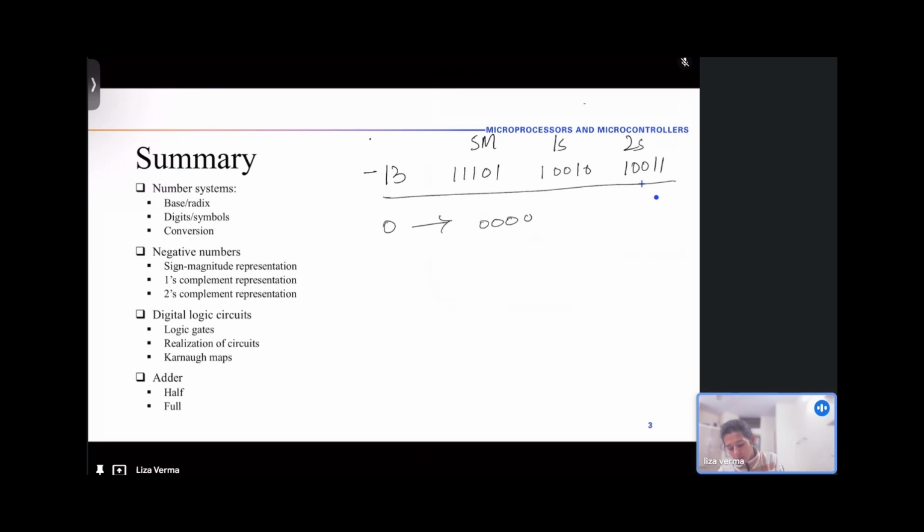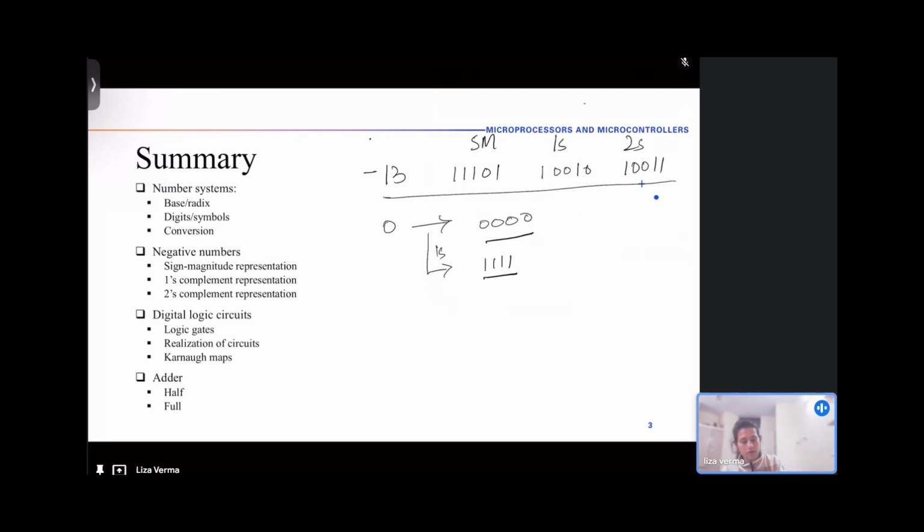In 1's complement, that will be 1111, which means 0 will be represented by 1111 as well as 0000, but there is no minus 0, right? 0 is just 0, it cannot be positive or negative.